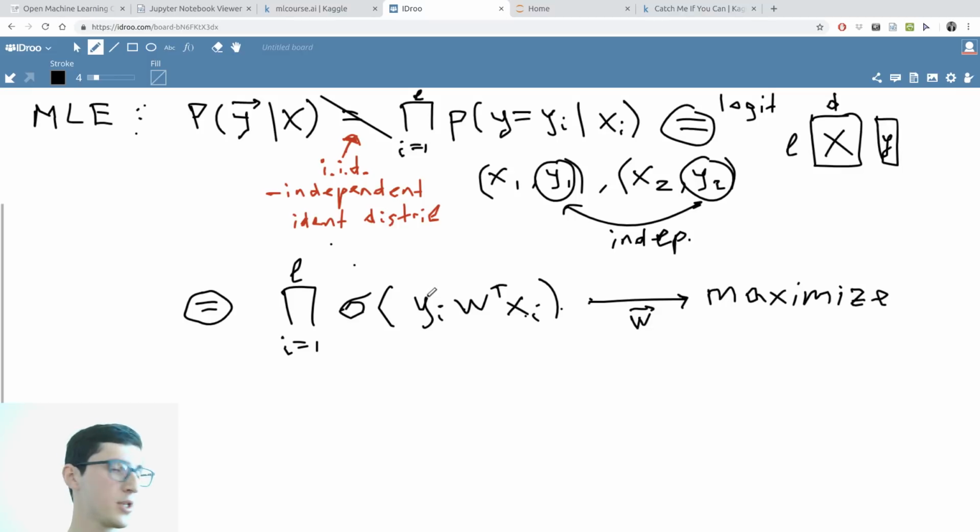But it turns out that it's not really convenient to maximize a big product. It's much better to maximize a big sum. It's much more convenient, there are optimization reasons for that. And we'll actually be maximizing the logarithm of the very same probability.